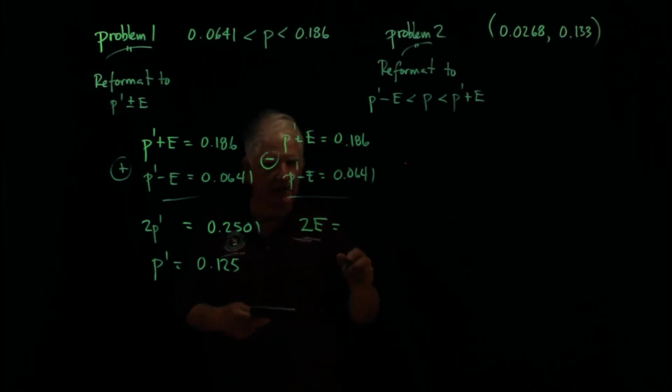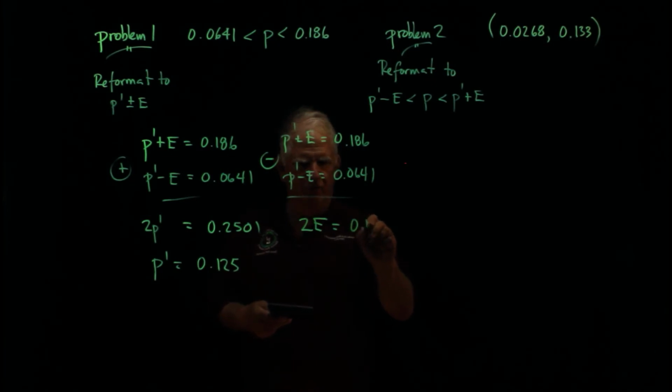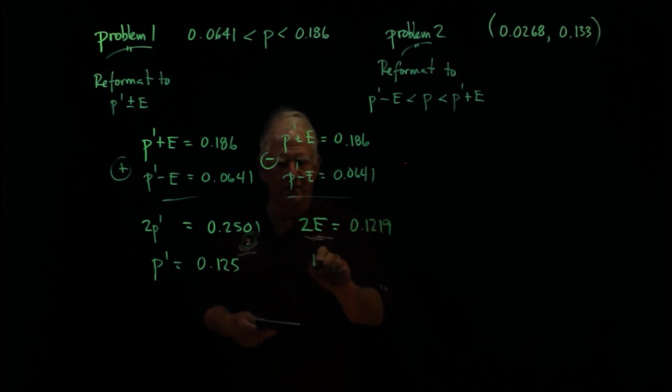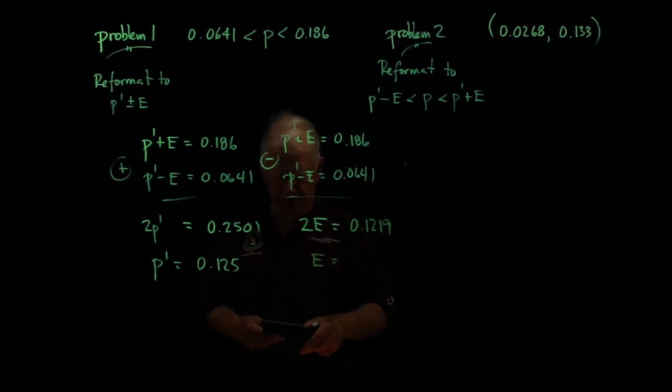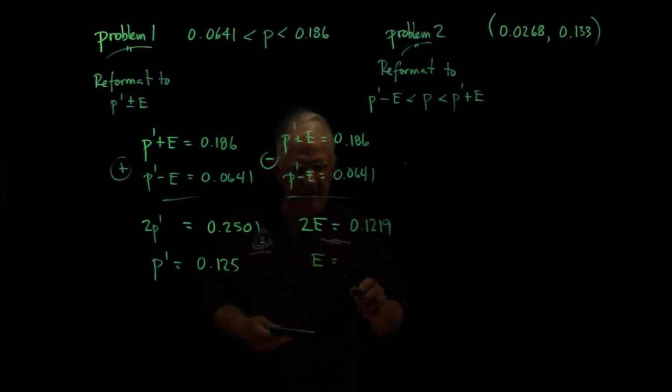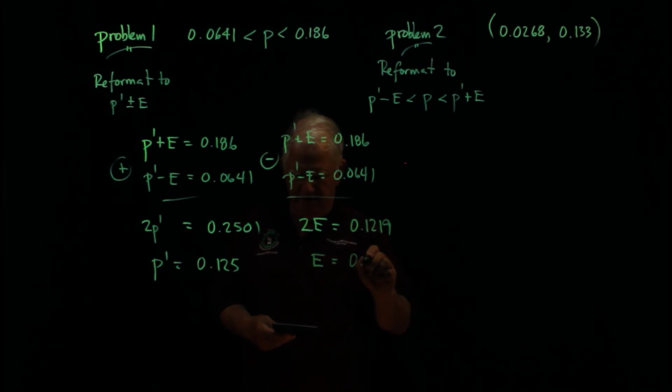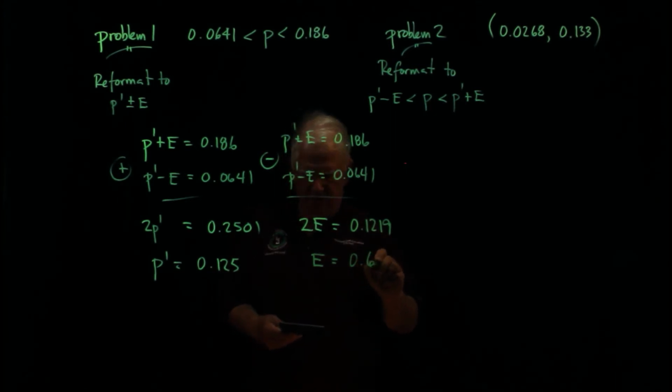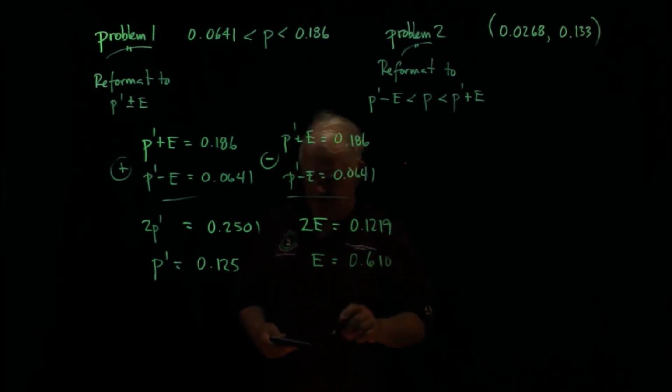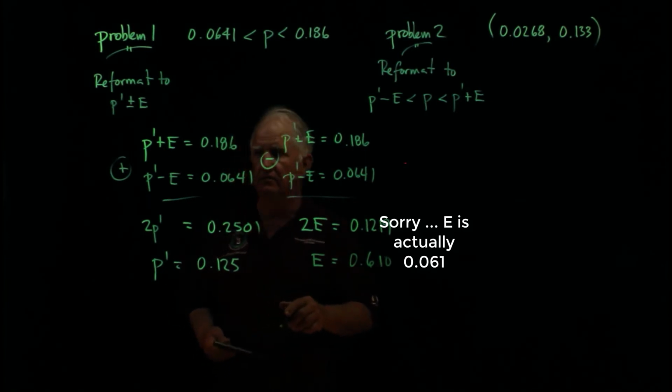When I do that, I get 0.1219, and when I divide both sides by 2, I get 0.0610. Right? Yeah. So what am I looking for?